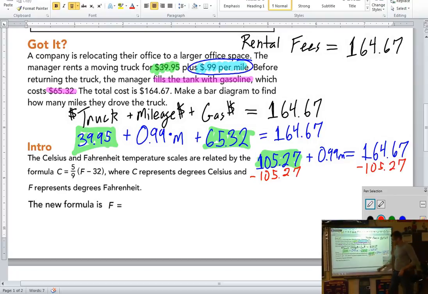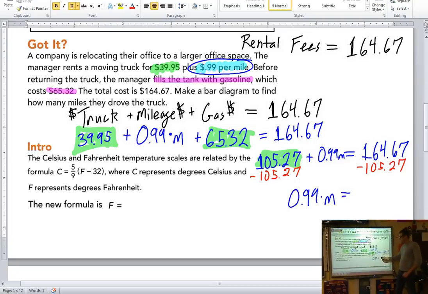Now what I'm going to have left here is only my mileage fee. So I get that 99 cents times the amount of miles I drive is going to be equal to, well, I don't know, is it 60? 59 what? So if we were approximating, a lot of math you end up approximating.